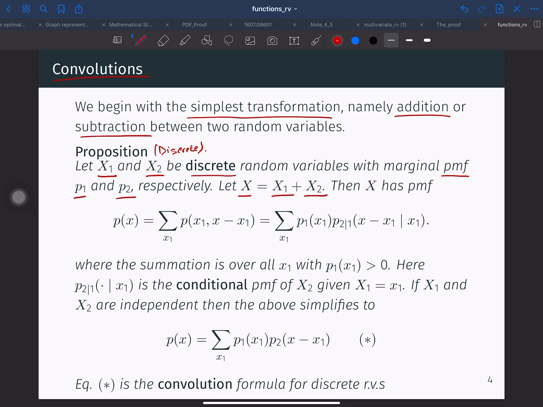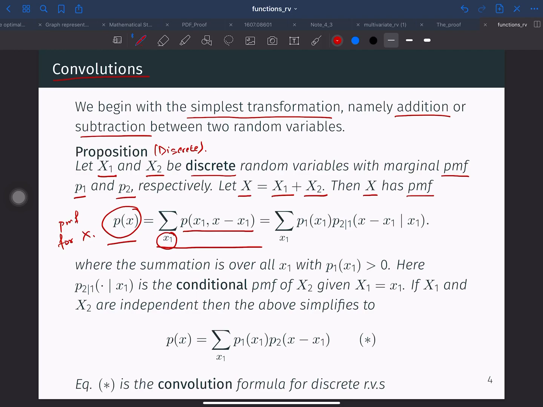Then I claim x has a PMF, probability mass function, Px, which can be written as the sum over x1 of the joint PMF.